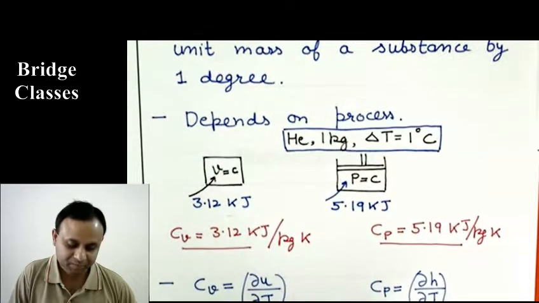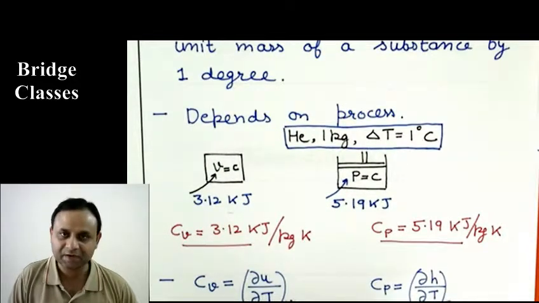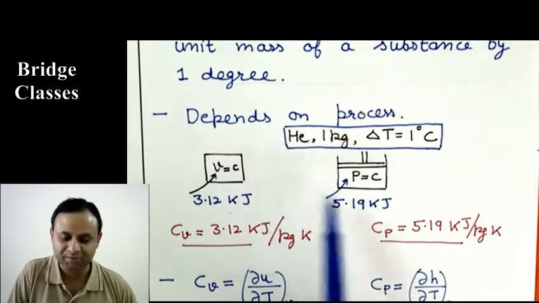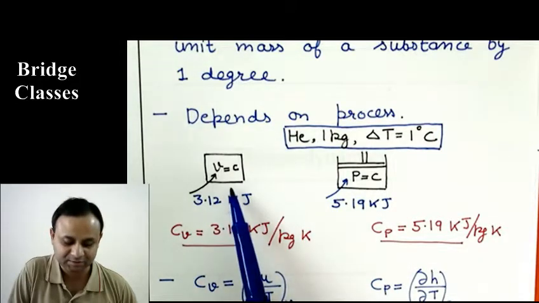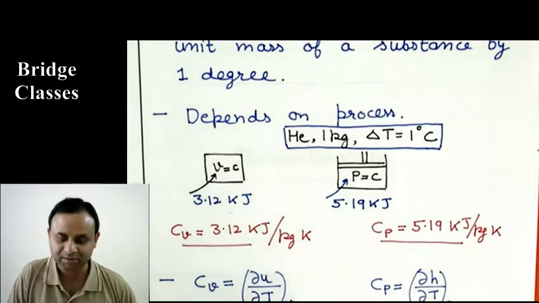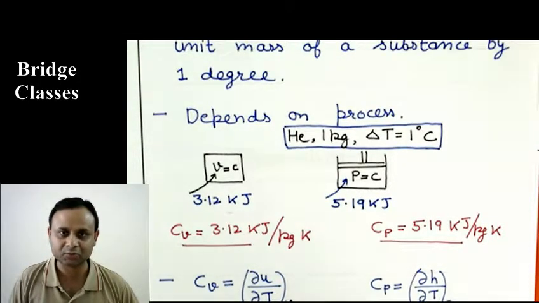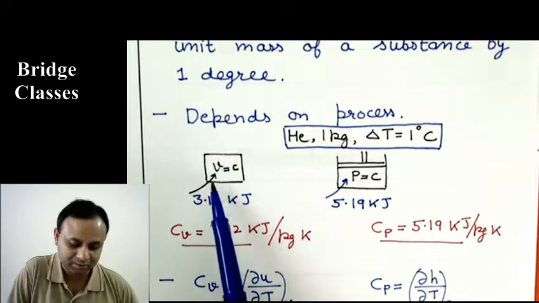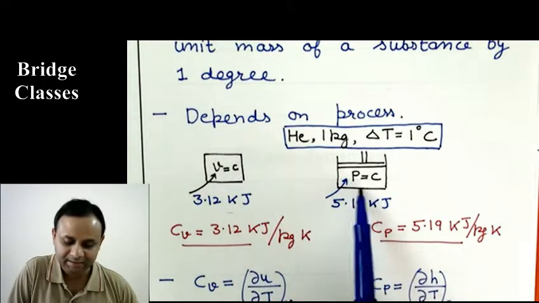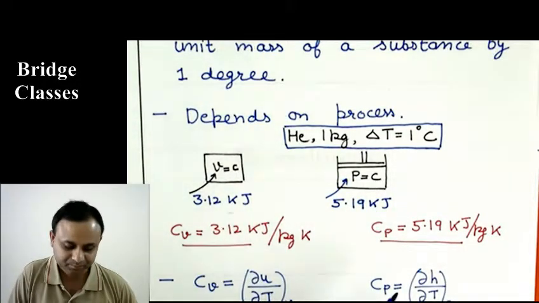Okay. So now we define, so there are infinite possibilities actually of processes. This is constant volume, this is constant pressure, but there are infinite possibilities of how you are increasing the temperature by 1 degree. But in thermodynamics, we are interested in two special cases. Those are the constant volume case and the constant pressure case.